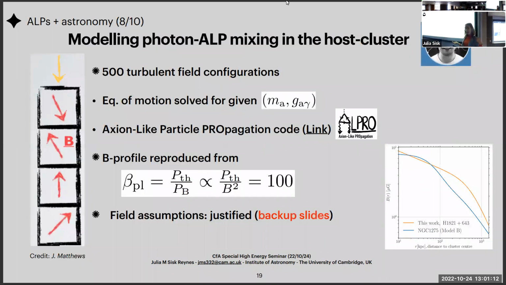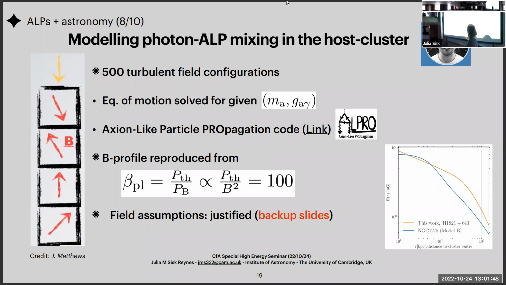And to do this, we had to build a library of photon axion mixing models across a wide range of axion masses and couplings. We did this by generating 500 realizations of the turbulent field within the cluster. For each of these realizations, we split the cluster line of sight into cells, and each of these cells is a coherence length for the magnetic field.